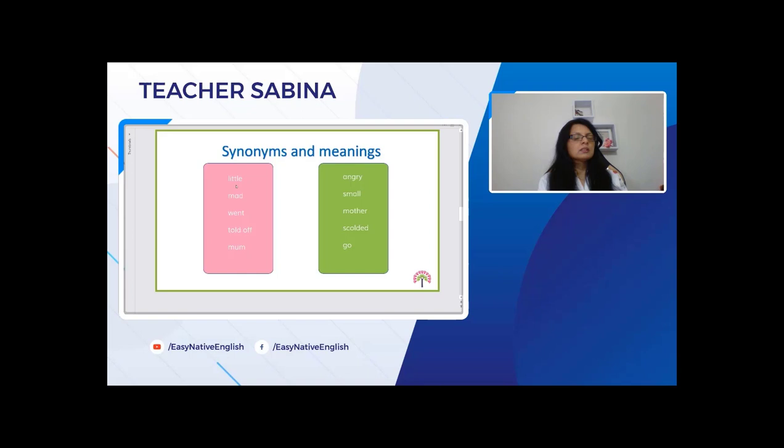So little. So what is the same as little in this list? So out of angry, small, mother, scolded, and go, which is the word that is similar to little? So write down the word that's similar to little.